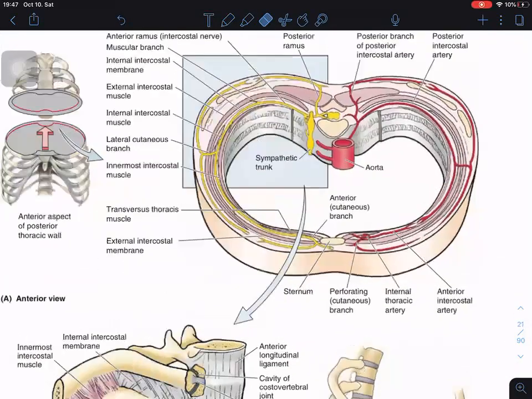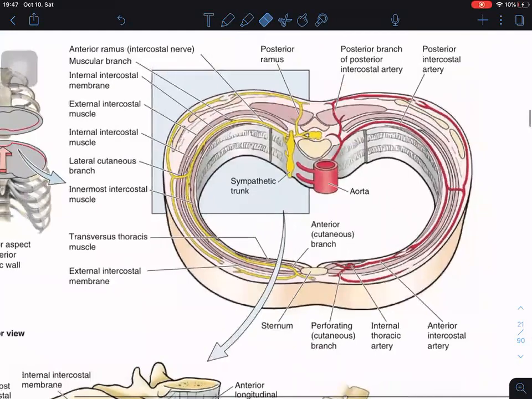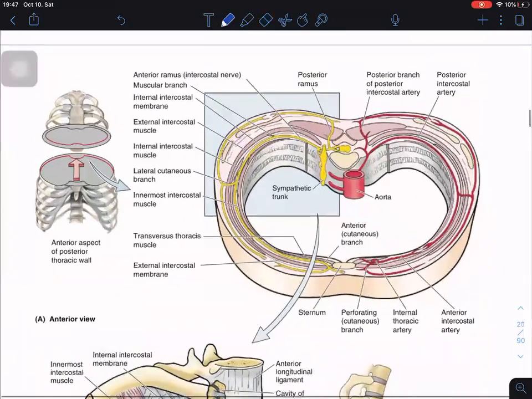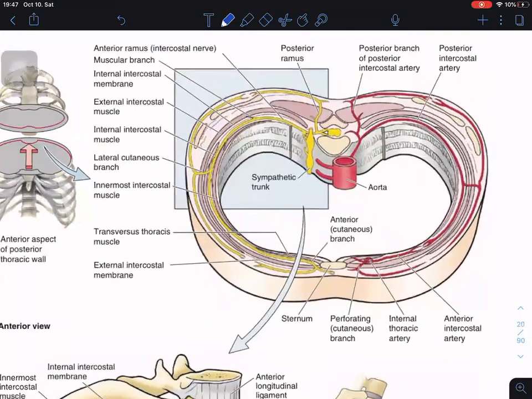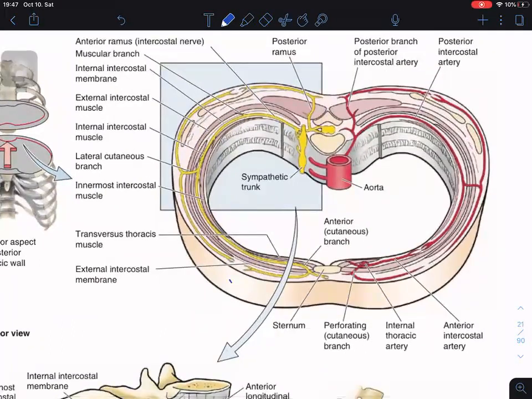So what I'm going to do is take a look at this picture. Here is the cross section of the thoracic wall. There's the skin, then here you can see the external intercostal muscle, and deep to it the internal intercostal muscles.